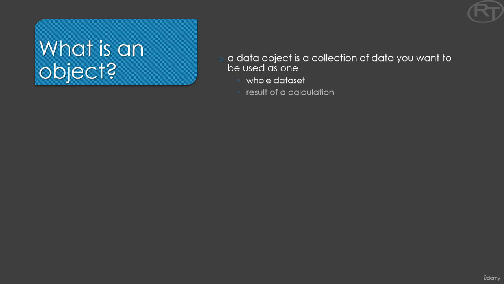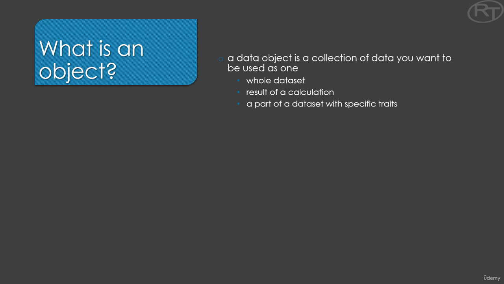Next, we are going to create objects. This is very important to understand because nearly anything you do in R will be done via different objects. An object is basically an alias for data you want to bind together. An object can be a whole dataset you load into R. It can be a result of a calculation, or it can be a part of a dataset with specific traits.